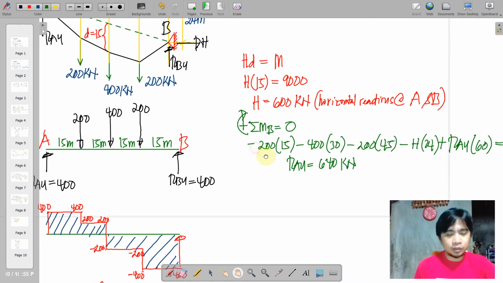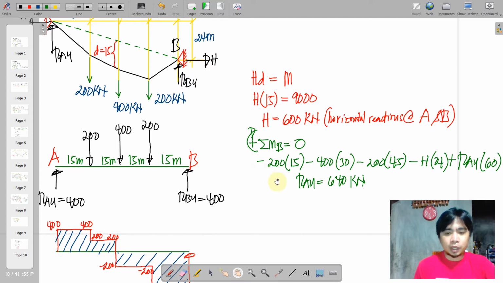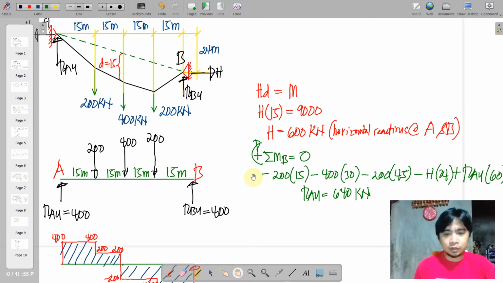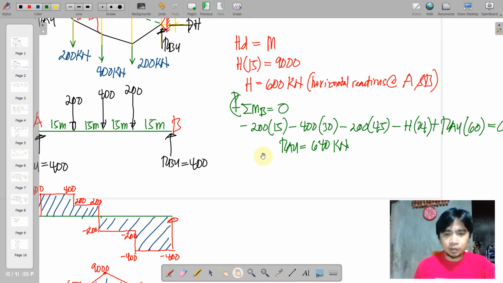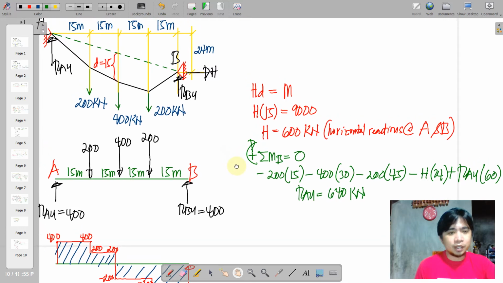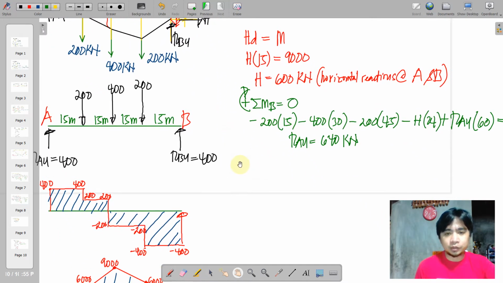Okay, so we also get the other reaction. Actually, we can just use summation of forces vertical, or you might want to use this one and then just check it by your summation of forces vertical. So anyway, we'll take moments at A to solve for RBY also.